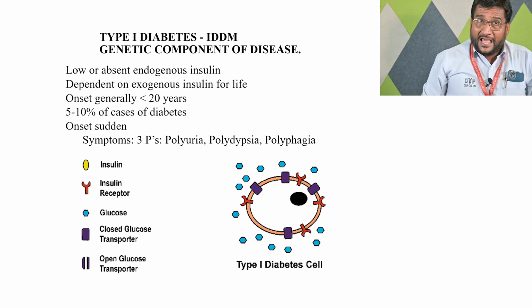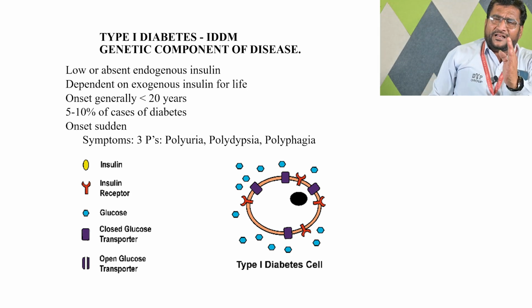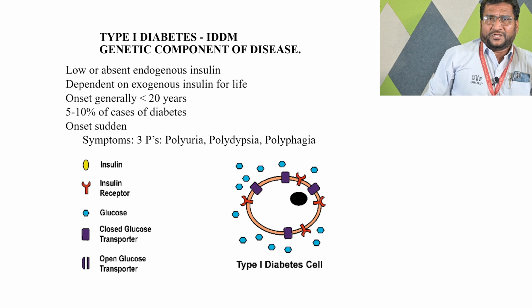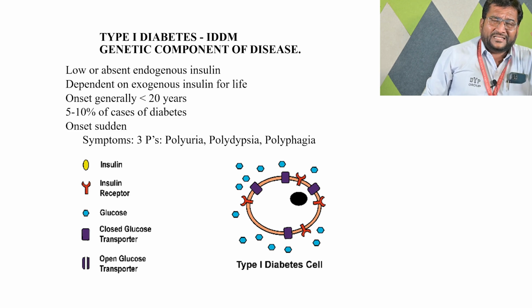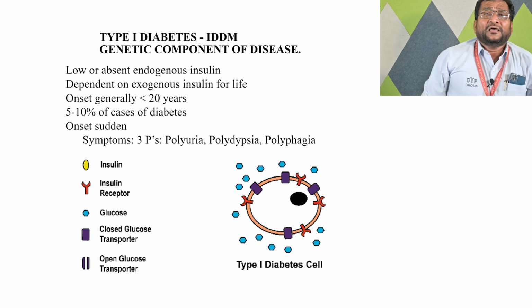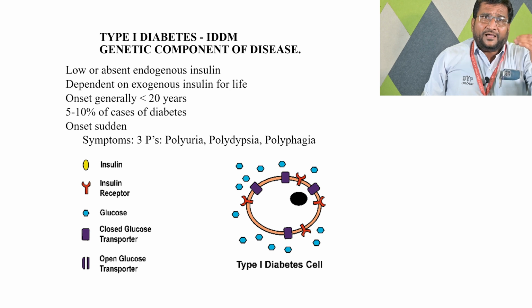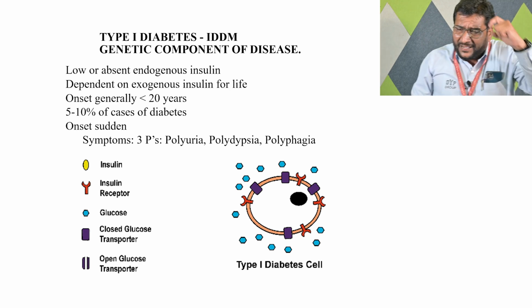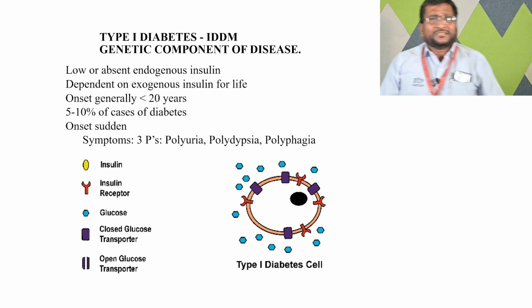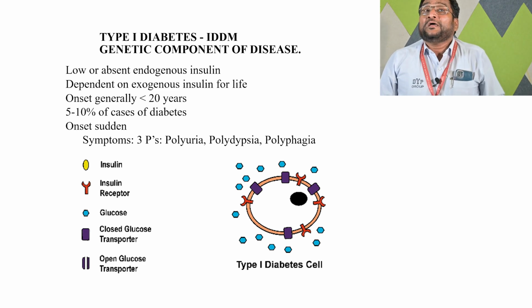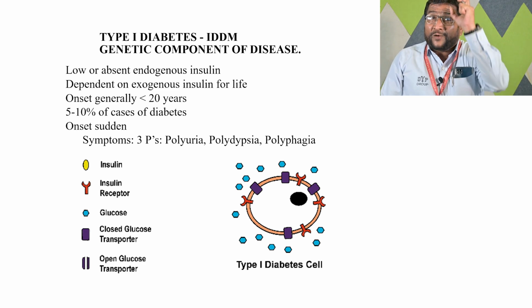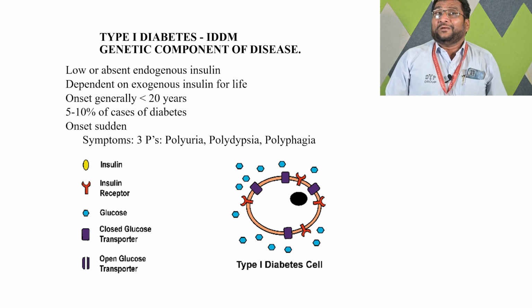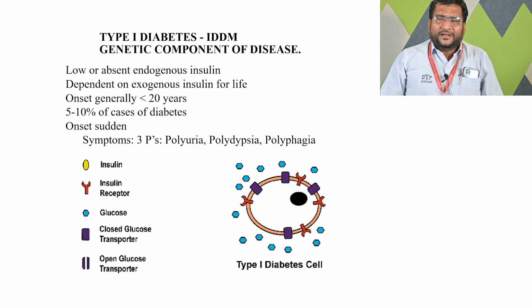Then onset generally occurs before 20 years of age. In most cases, it occurs at 15 to 17 years of age. As far as type 1 diabetes is concerned, 5 to 10% of cases of diabetes are type 1, insulin dependent diabetes mellitus.